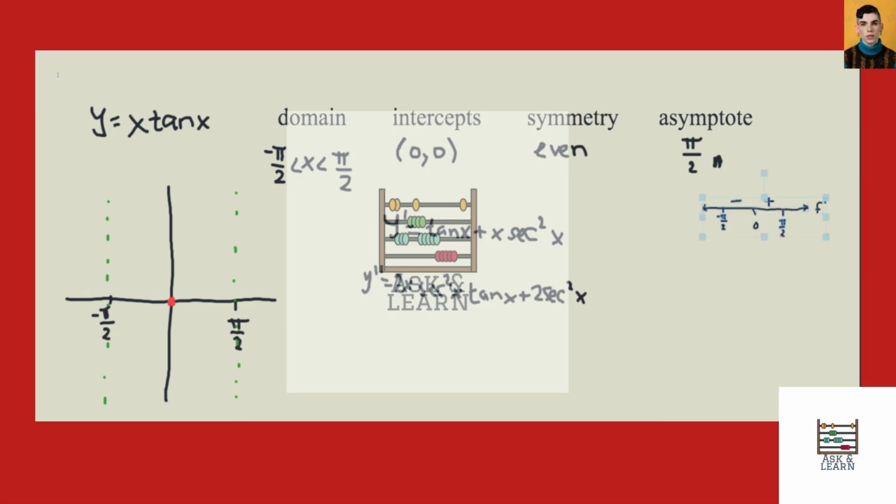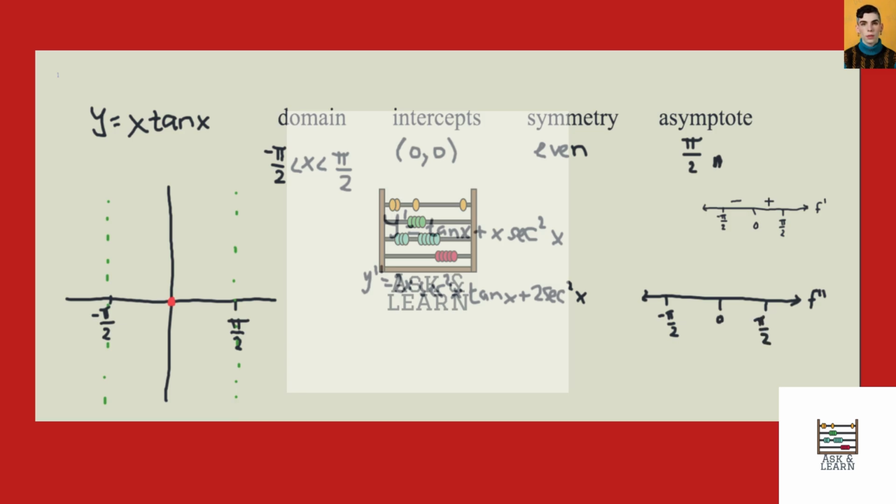All right, and now let's look at the second derivative. So this is f double prime. And let's look at the same numbers, negative pi over 2, 0, and pi over 2.